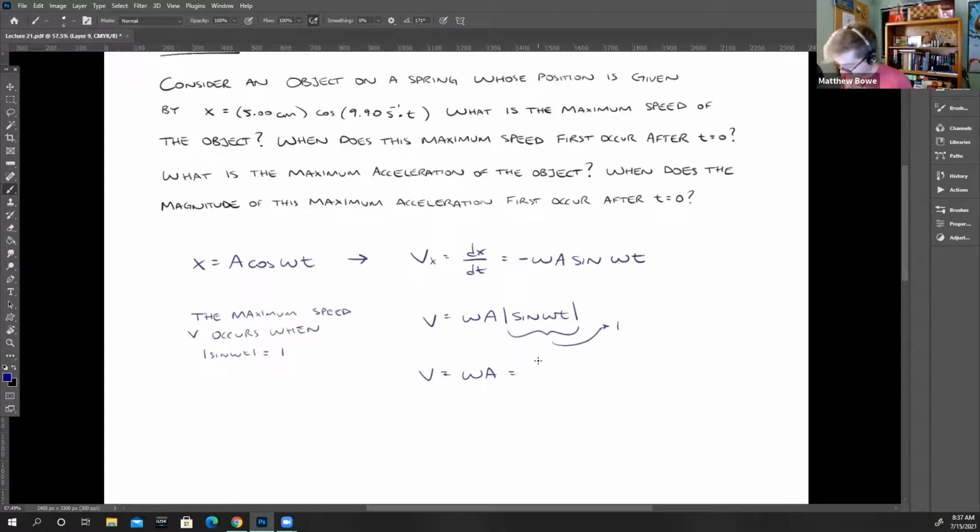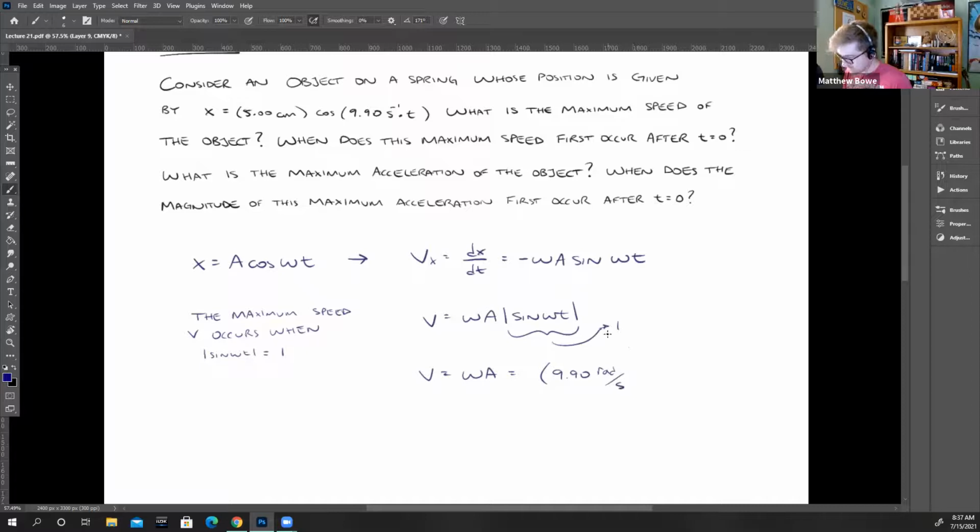Now we have 9.90 as omega. This right here is the omega, and it is an angular velocity, so we'll just say radians per second. Up here it's expressed as hertz, so it's just 1/s. But since radians aren't technically a unit, I could have them as radians right here.